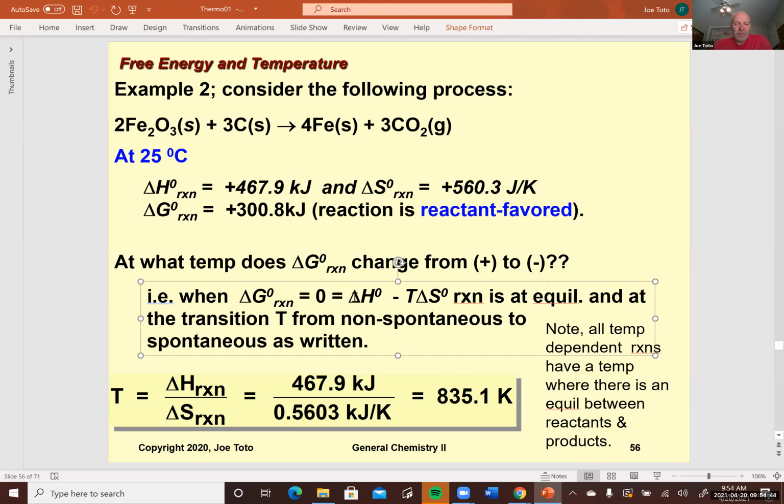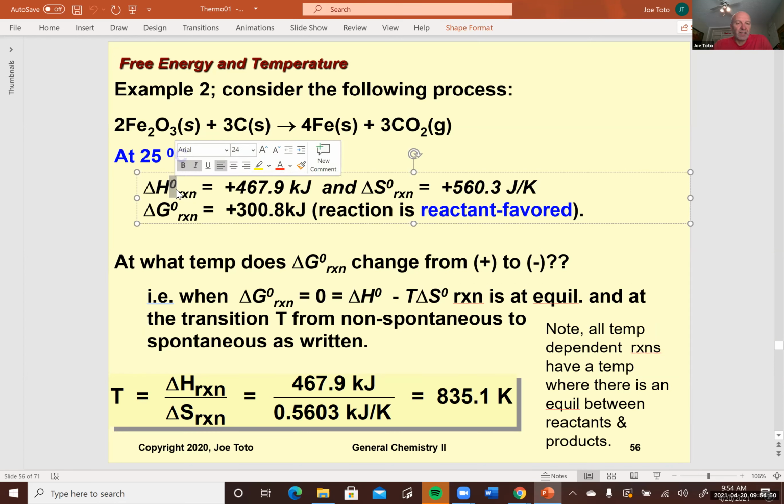But check out, these are delta H superscript 0. What does that signify right there? At room temperature. Yeah, so it's at standard temperature and all the other conditions.